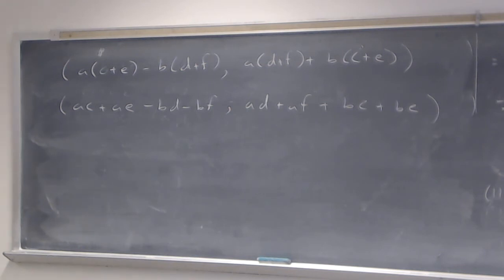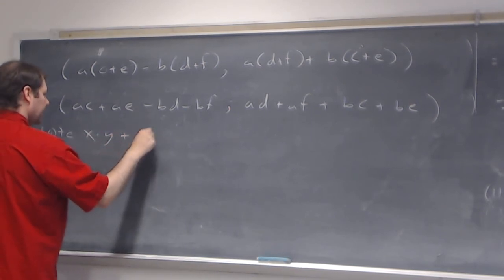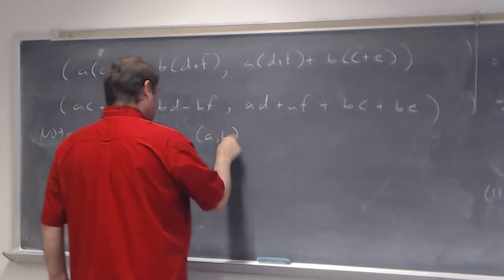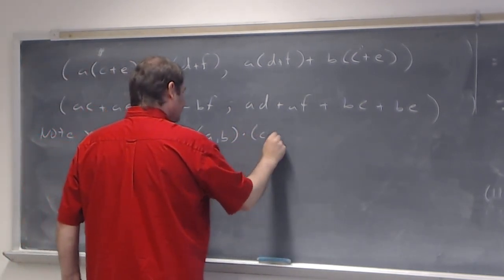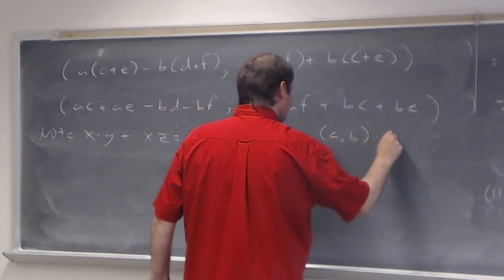Now, if we look at x times y plus x times z, that's going to be equal to AB times CD plus AB times EF.